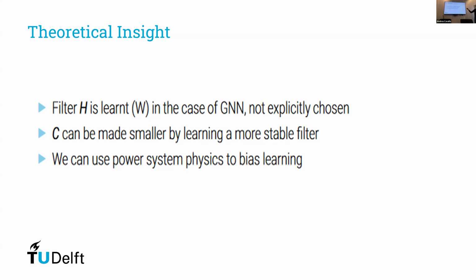So it's not explicitly chosen, but we know that the C in the previous formula can be made smaller if we learn a more stable filter. So what we want to do is find a way to bias the filter that is learned to be more stable. And one interesting thing we can do is look at the system physics to try to bias the learning.